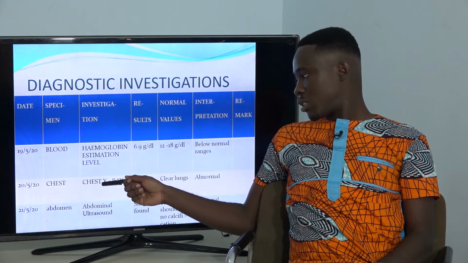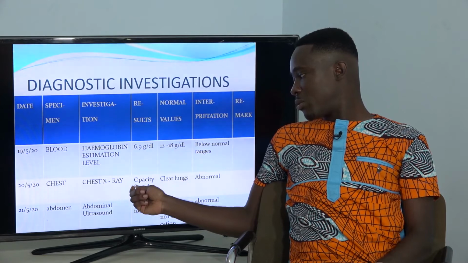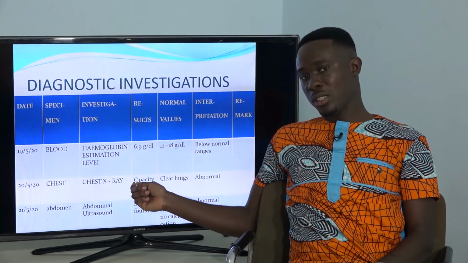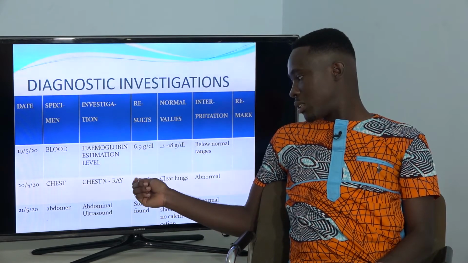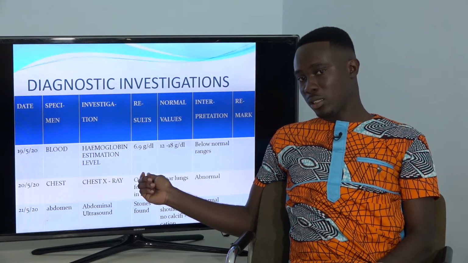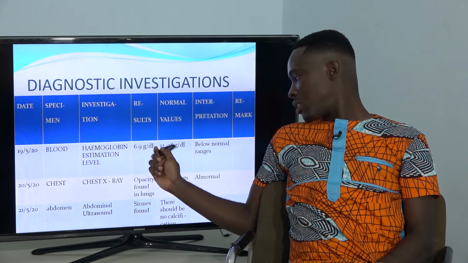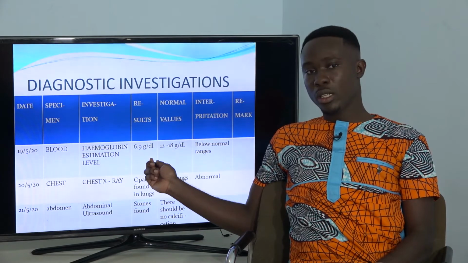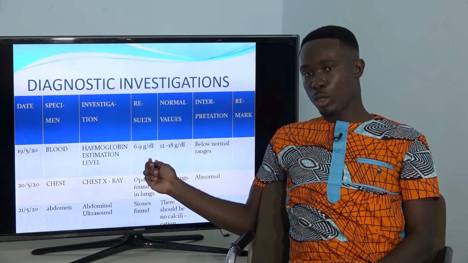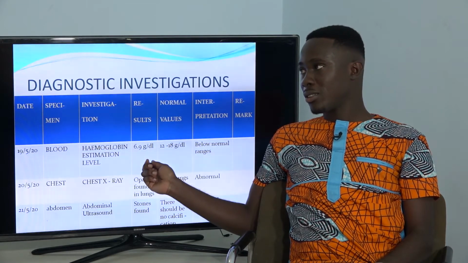The same goes for chest X-ray. In the chest X-ray results, you found an opacity in the lungs. That is some form of light in the lungs. The lungs are supposed to be clear, and you shouldn't see any darkened space in a chest X-ray. So that is also abnormal, and there can be fluid or substances in the lungs.